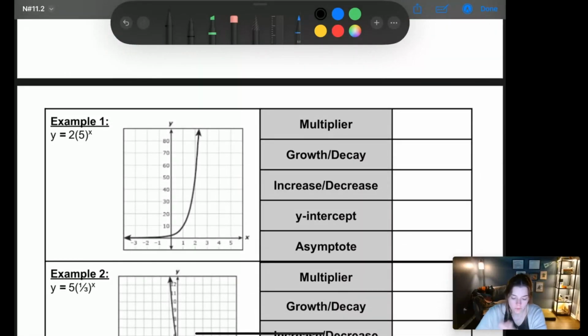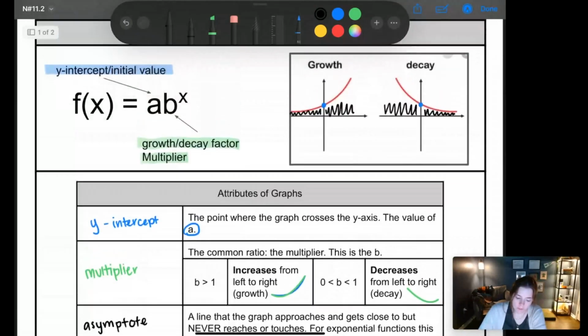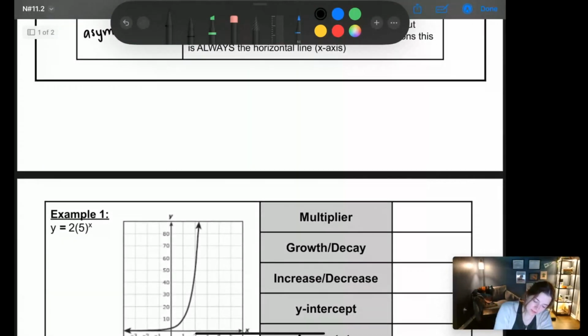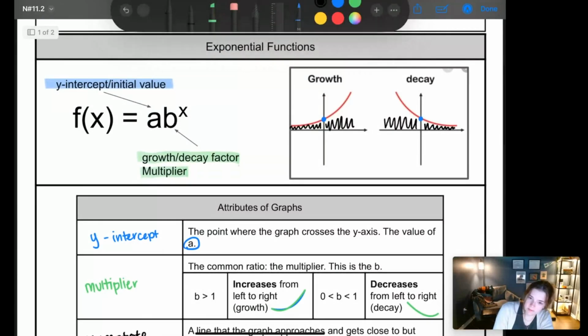So, according to this, we're going to use this to kind of guide us. On example 1, what would our multiplier be, right? If the formula is f of x is equal to a times b to the power of x, where a is the y-intercept, b is the multiplier. Okay, and I'm getting all of this from up here, right?